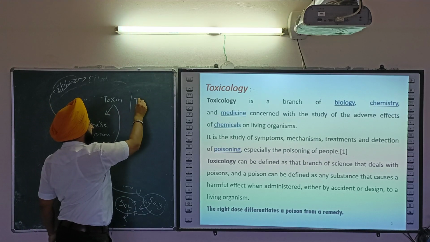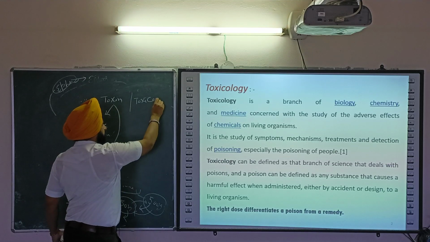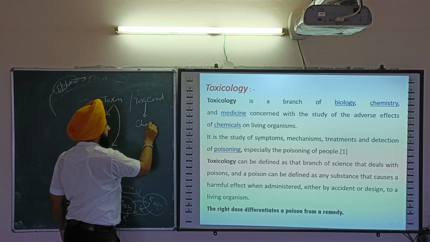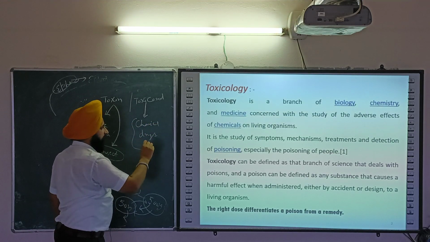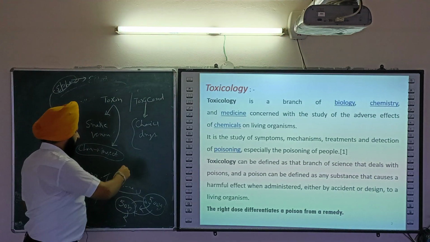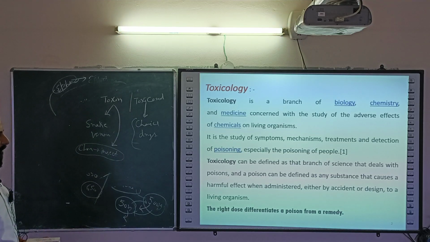Toxicants are the chemical substances which are toxic for the body. These are the chemicals, these are the drugs, or these can be some other component, or any other thing which can produce a toxic effect on the body.